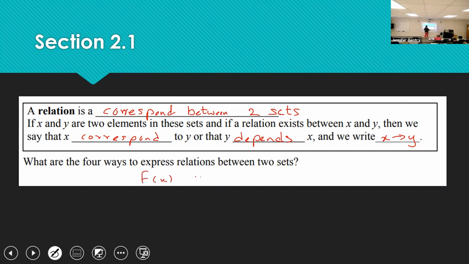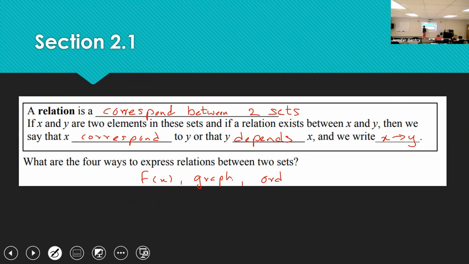How else can we do it? What is it called when I have x and y in parentheses? Ordered pair. Or we can say we can map them. Okay?